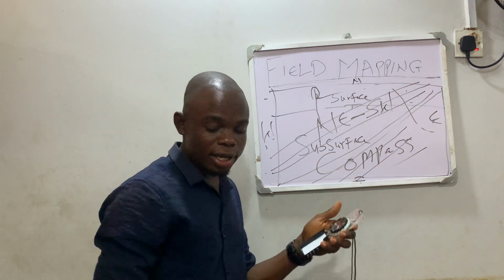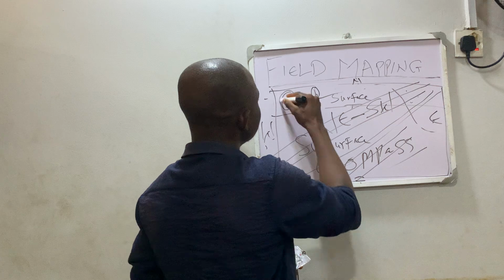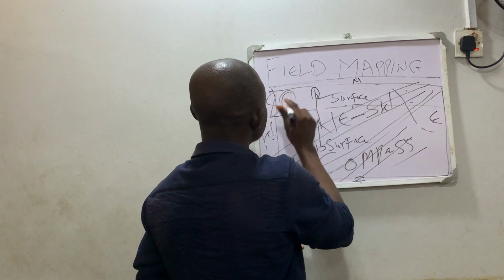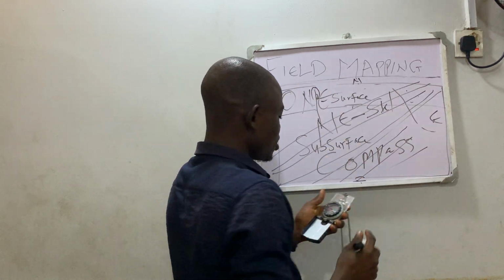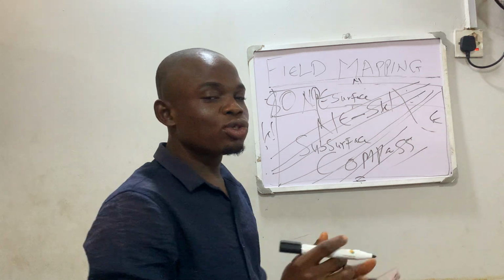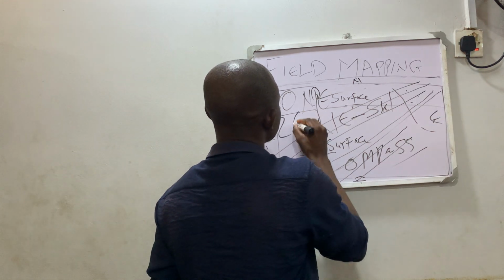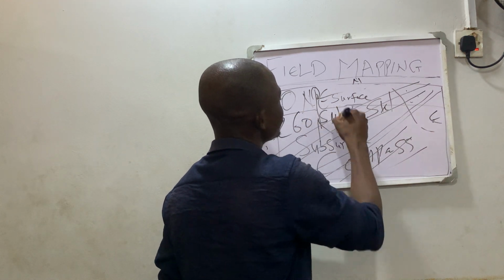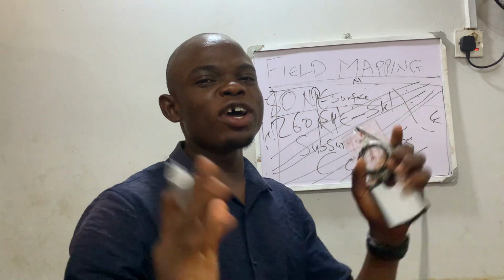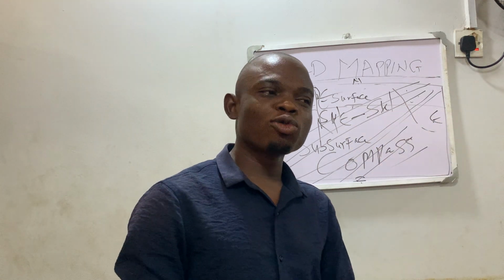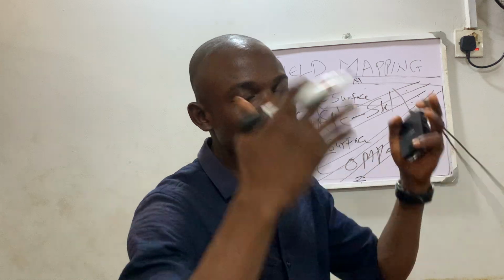So what am I having here? What I'm having here is northeast 80, and then southwest 260. So if anybody asks me, what have you done? Which side is it? How is it striking?